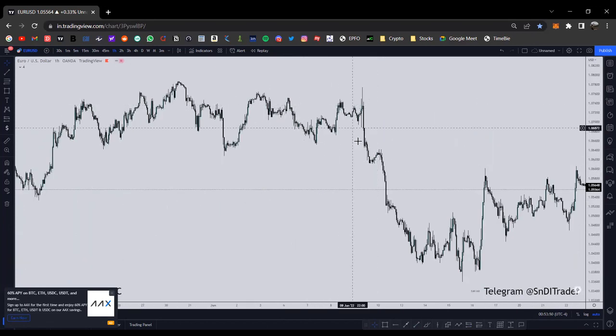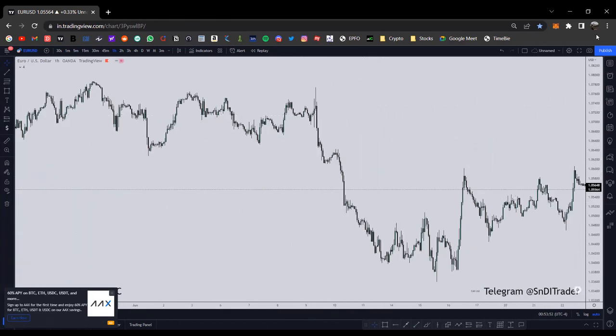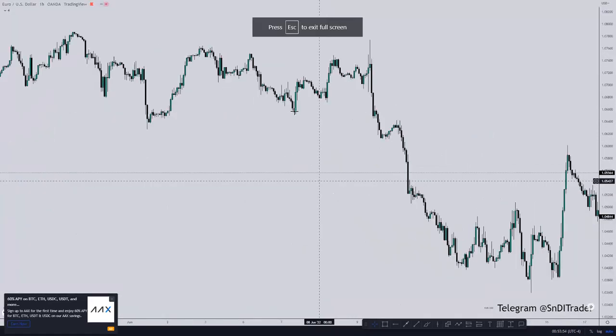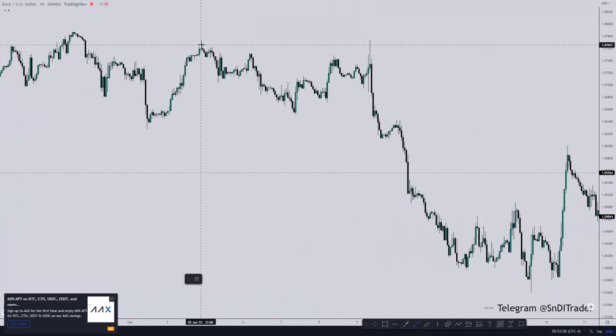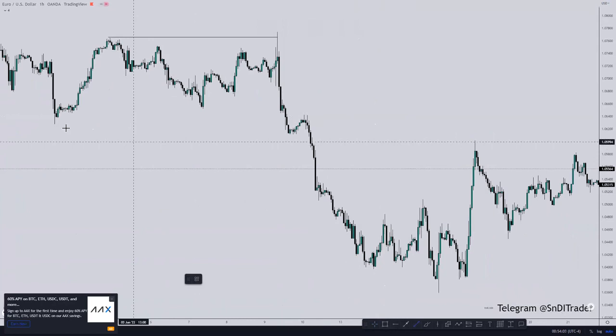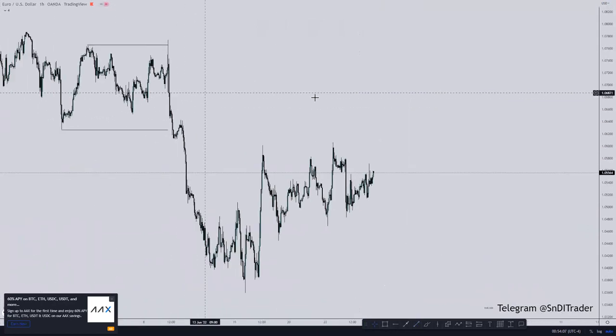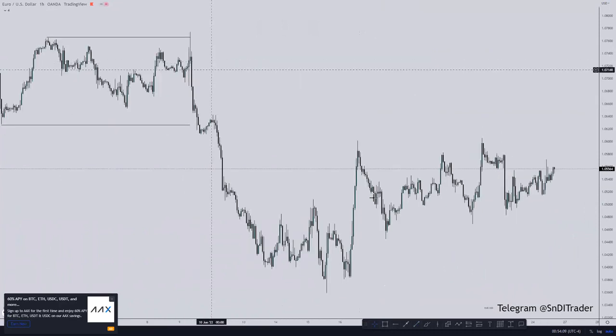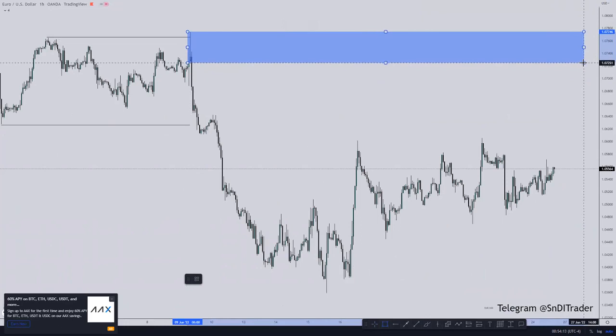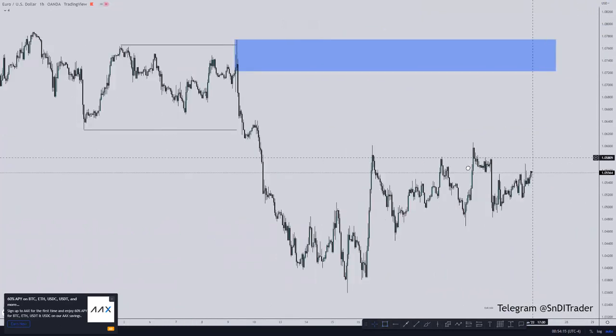So you see, this high has taken out all these liquidities from here, and given you a nice BMS towards the downside. So this will be a valid bearish order block for you if you're looking for sells.